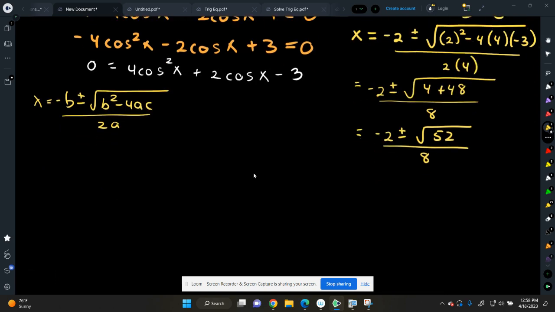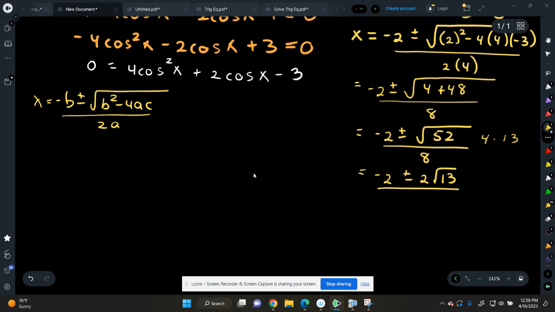So we need to simplify that radical. So let's see, 52 is 4 times, how much? 13? Okay, so this will be negative 2 plus or minus 2 root 13 over 8, which reduces to negative 1 plus or minus the square root of 13 over 8.